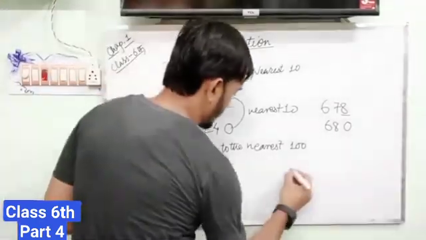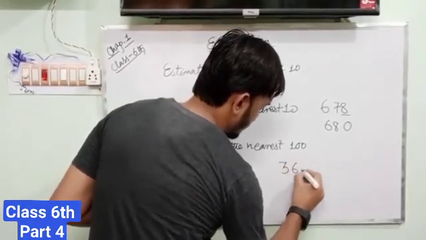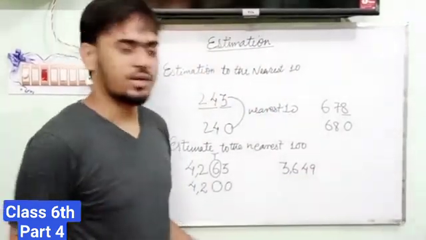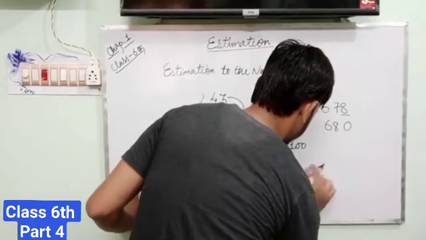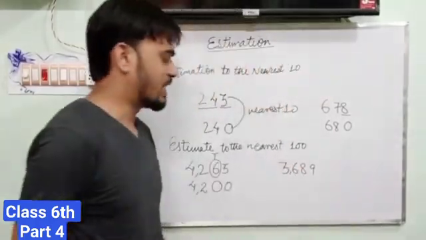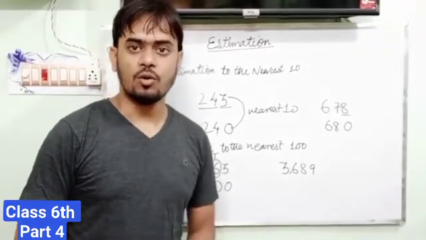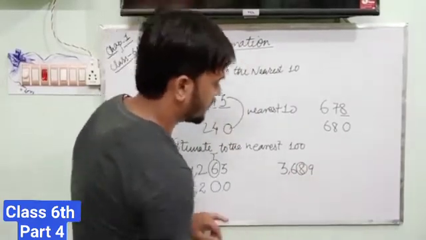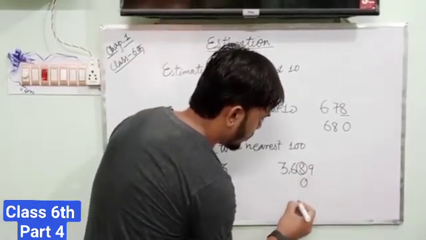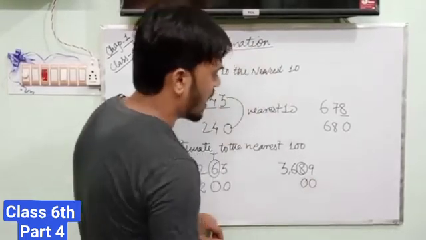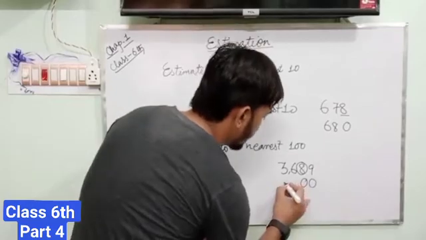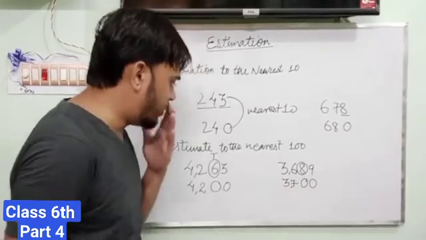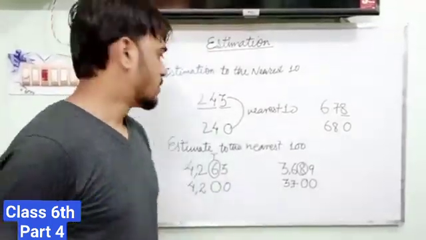And if you have another number, 3649, then if your tens digit 4 9, if your tens digit is equal to or greater than 5, it will be replaced by 0 and the ones place also by 0, and the rest of the digits increased by 1. So note down in your copy.